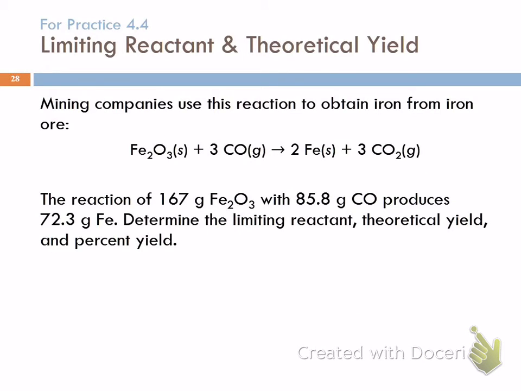Let's do another one. Mining companies use this reaction to obtain iron from iron ore. The reaction of 167 grams of Fe2O3 with 85.8 grams of CO produces 72.3 grams of Fe. Determine the limiting reactant, theoretical yield, and percent yield.